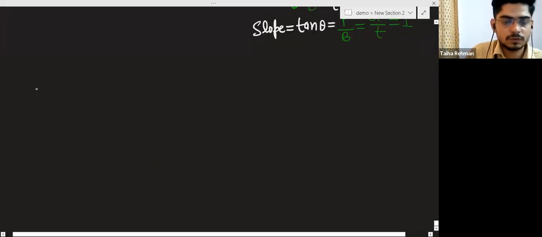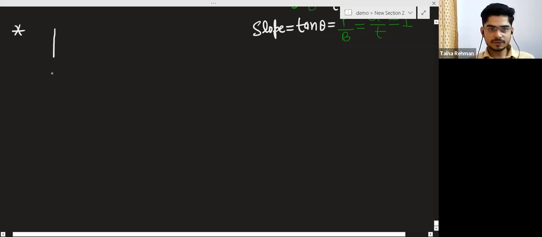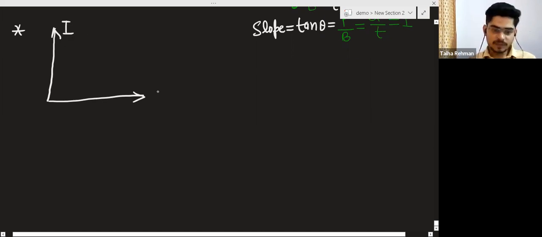So there is one more graph. Earlier we have drawn the charge versus time graph. Now I am drawing the current versus time graph. This is the y-axis. Current is on the y-axis and time is on the x-axis.